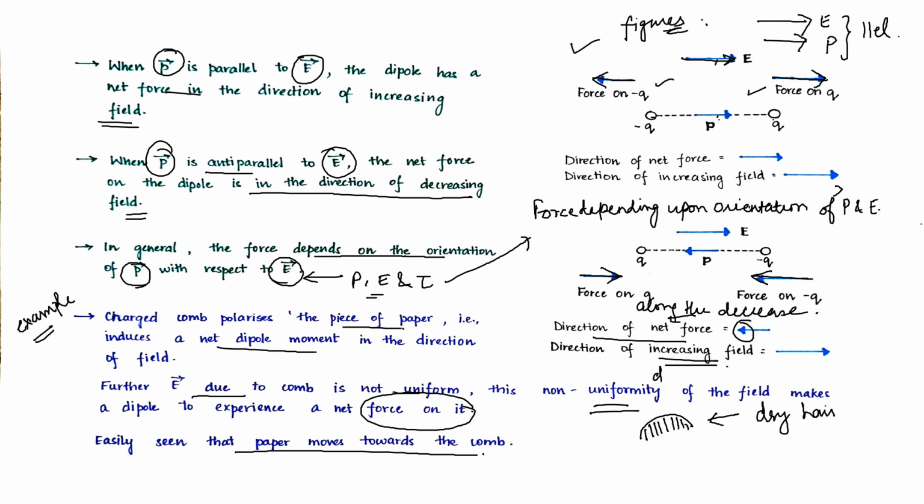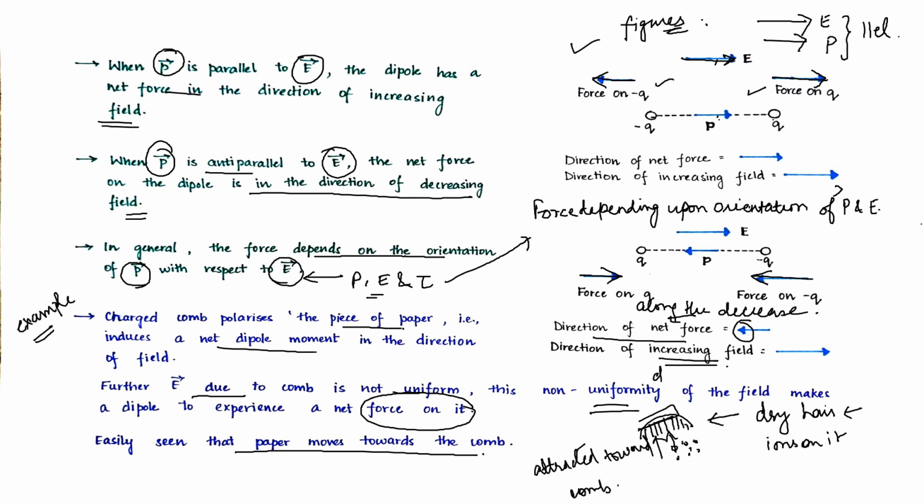This comb got polarized in the sense it got some charge on it. Now we bring small bits of paper having very negligible mass near this comb, and they start getting attracted towards the comb. Why does it happen?